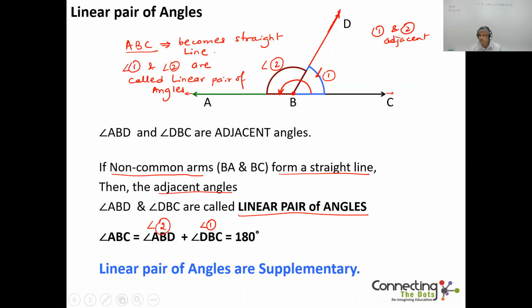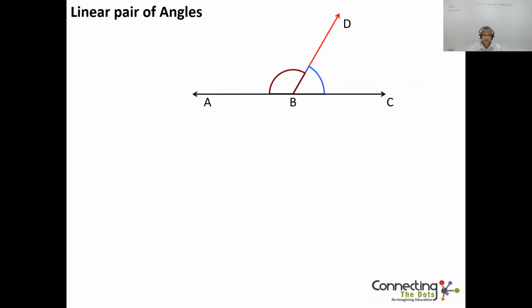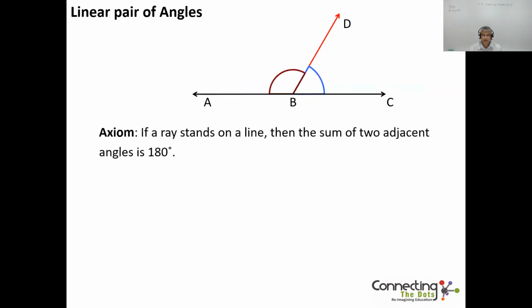All right. So if you have understood this, let's take another set of linear pair of angles and see what happens. Two axioms come out of it. If a ray stands on a line, then the sum of two adjacent angles is 180 degrees.